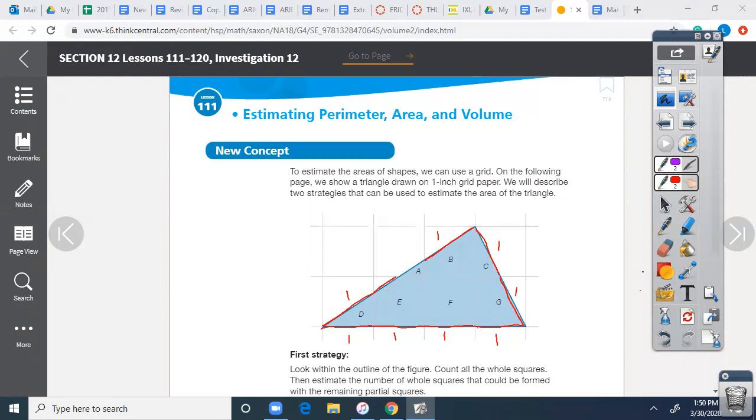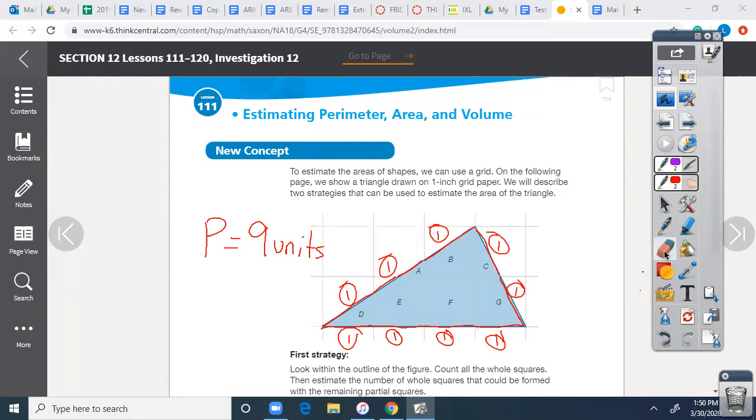This looks like half, and that looks like half, so altogether, it's about 1. Okay? So if we're estimating the perimeter, we would say 1, 2, 3, 4, 5, 6, 7, 8, 9. The perimeter is about 9 units.